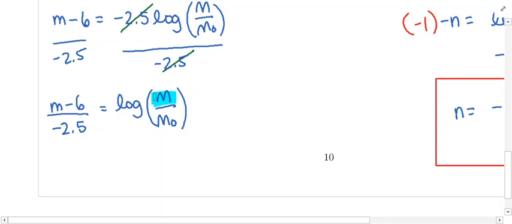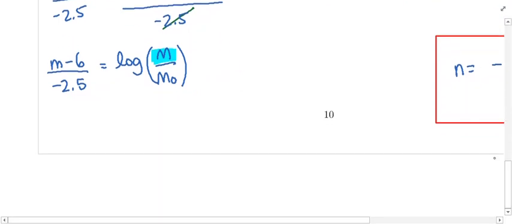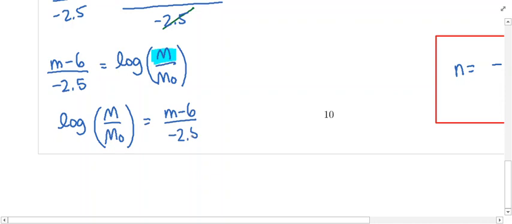We're after M. We have to free it from that logarithm. Since the logarithm is isolated, we can just apply the arrow definition of a logarithm. So watch this. I'm just going to rearrange the sides here. We have the log of M over M0 is equal to m minus 6 over negative 2.5.